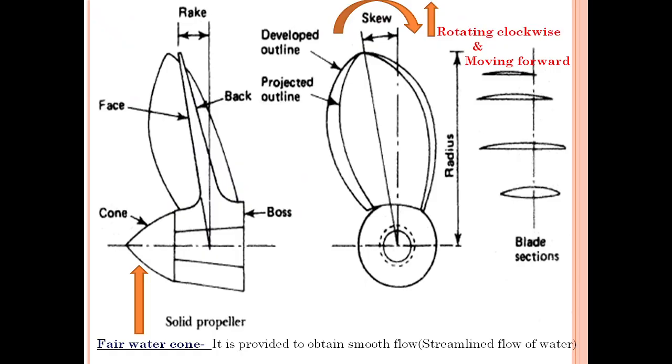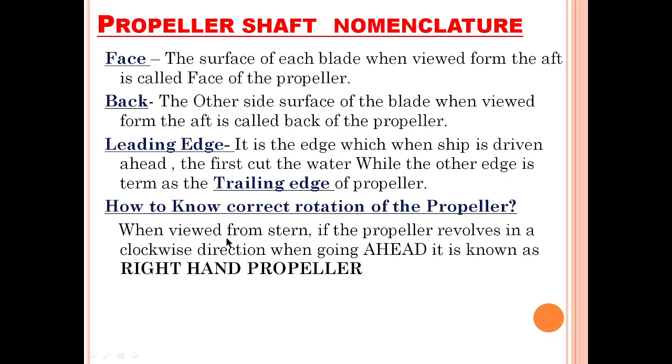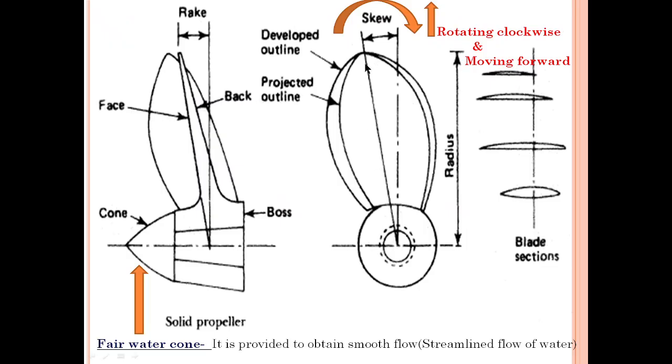If you view a propeller from the stern side and it revolves in a clockwise direction while the ship is going ahead, see my arrow, in the clockwise direction, then this type of propeller is called a right hand propeller.